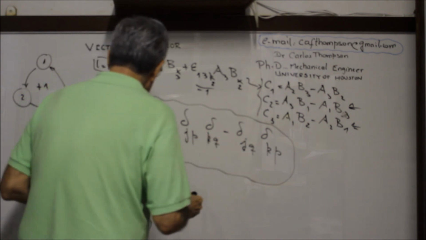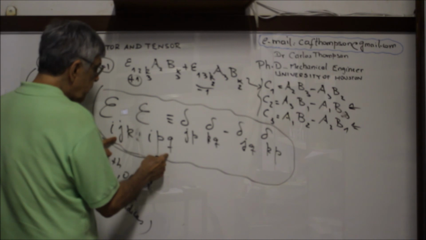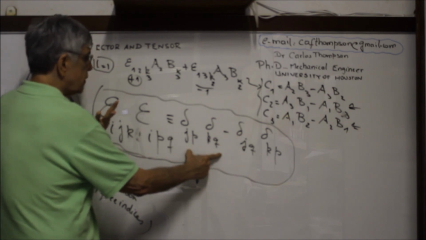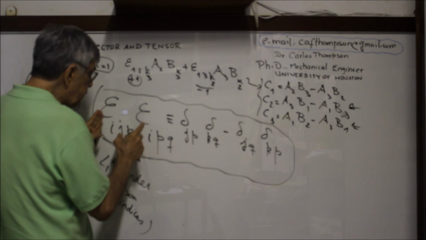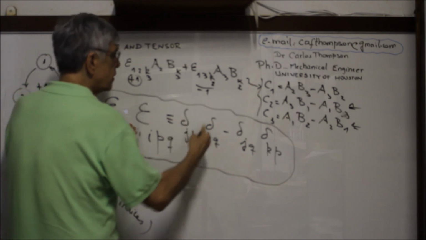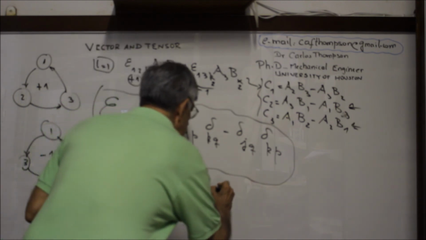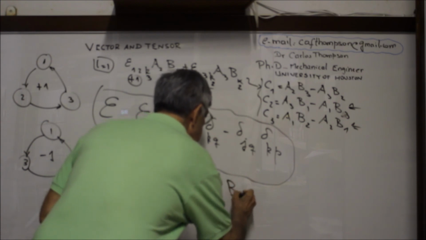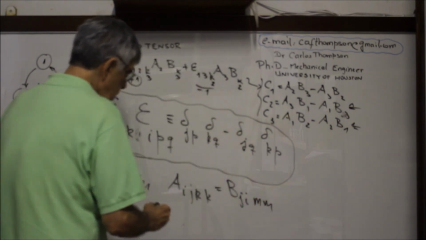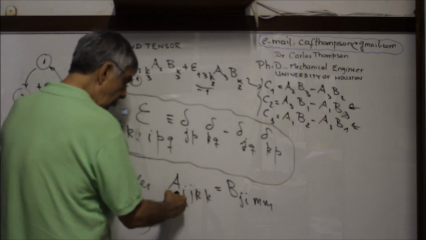For instance, if I have A_IJKK equal to B_JIMN, how many free indices do I have on the left-hand side? Two, IJ.